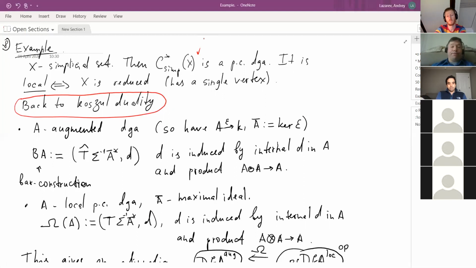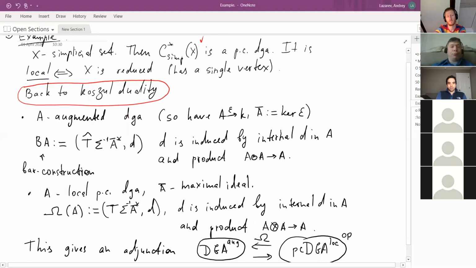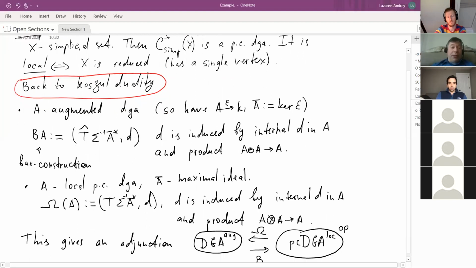Okay, now let's go back to Koszul duality. I would like to formulate the standard, more or less standard version of Koszul duality using the notions that I've just introduced.